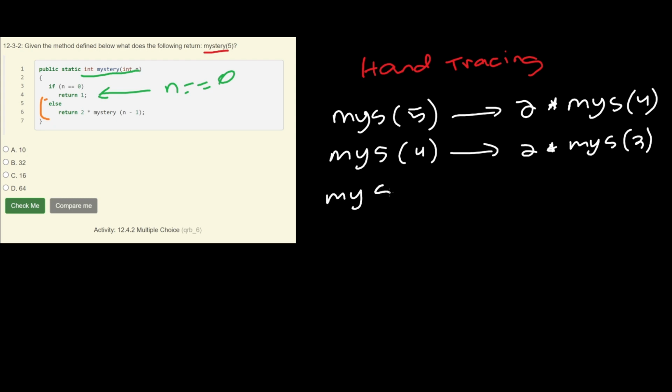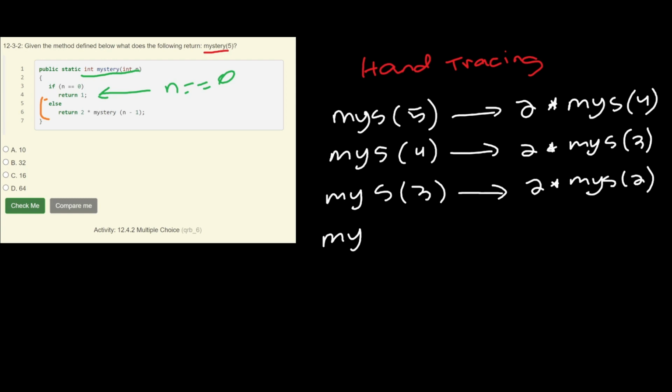And we're just going to keep going through our hand tracing. So mystery 3 is 2 times mystery 2. And remember, we're checking to see if we've met our base case yet, which we haven't, and n is not equal to 0 yet. So we're going to keep going.